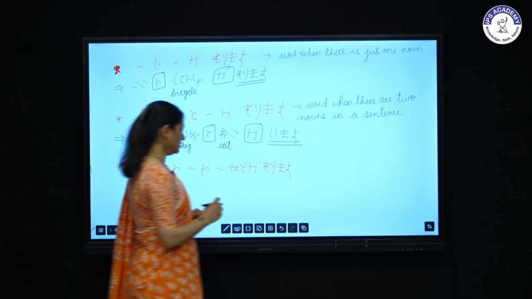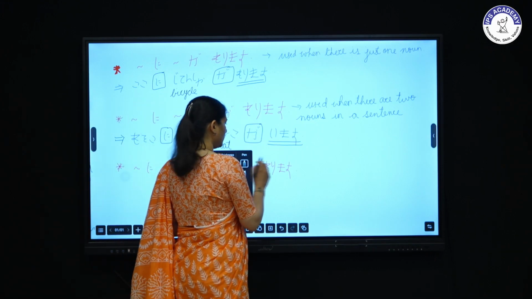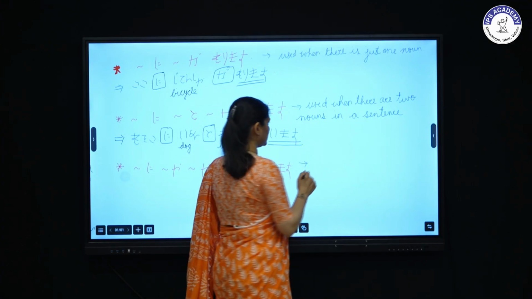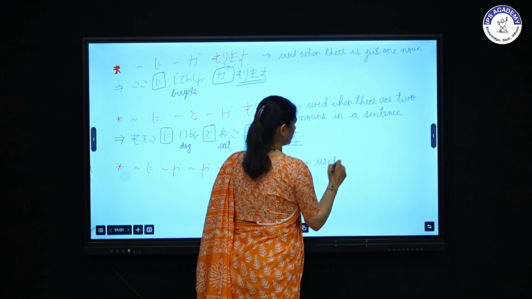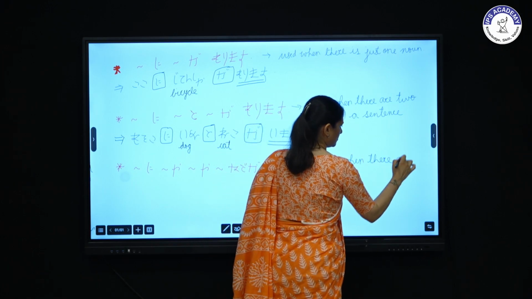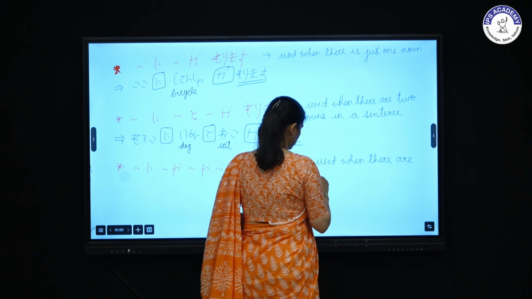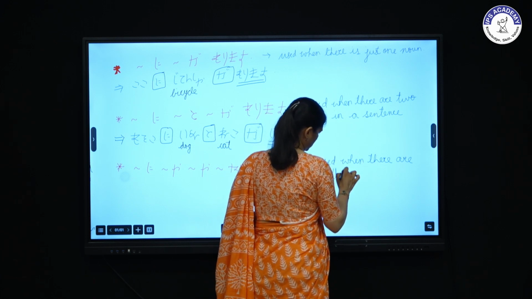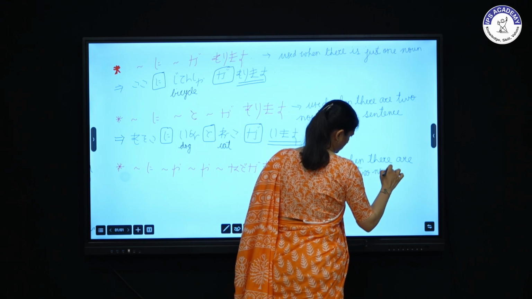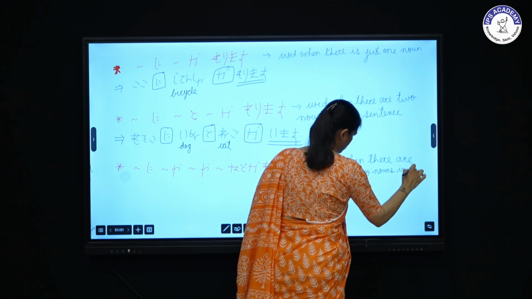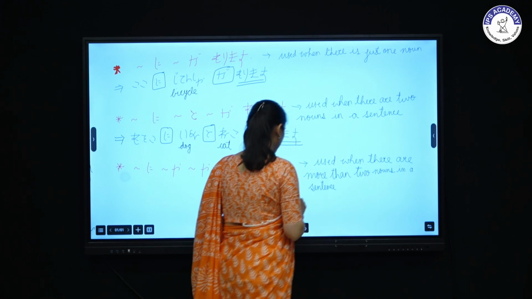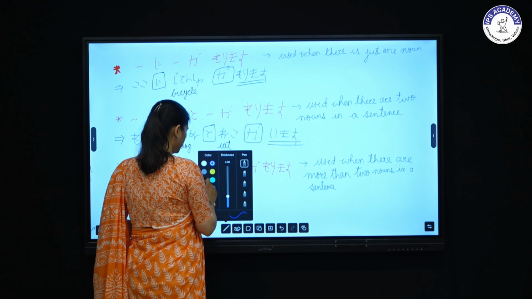So, this pattern is used whenever we are using more than two nouns or two objects in a sentence. Okay, let's take an example.